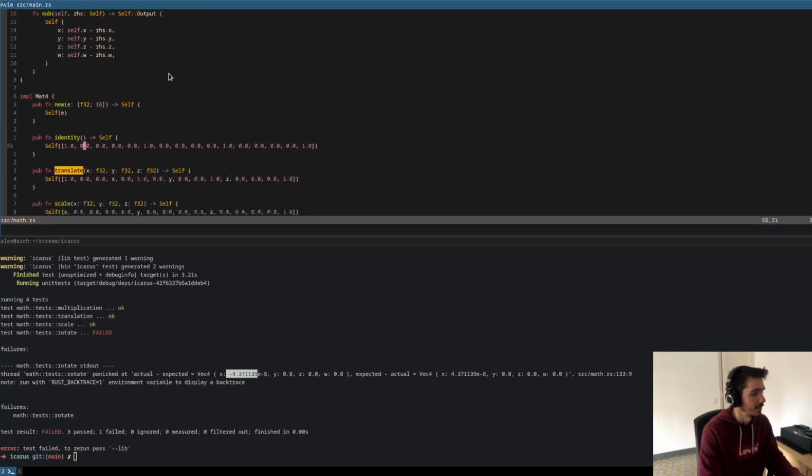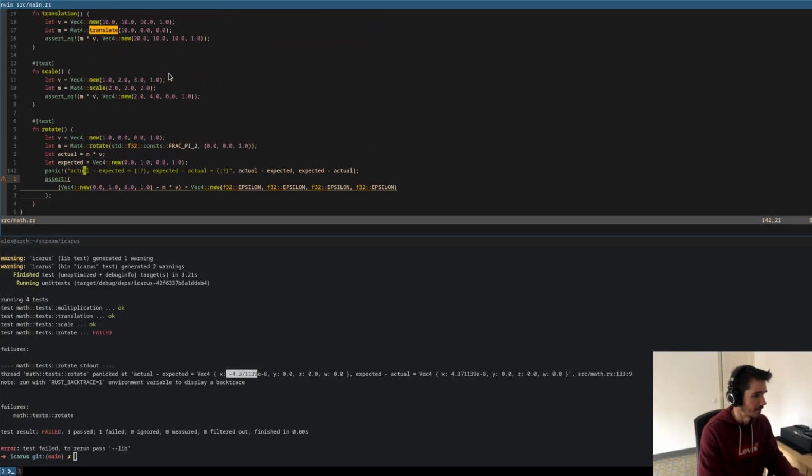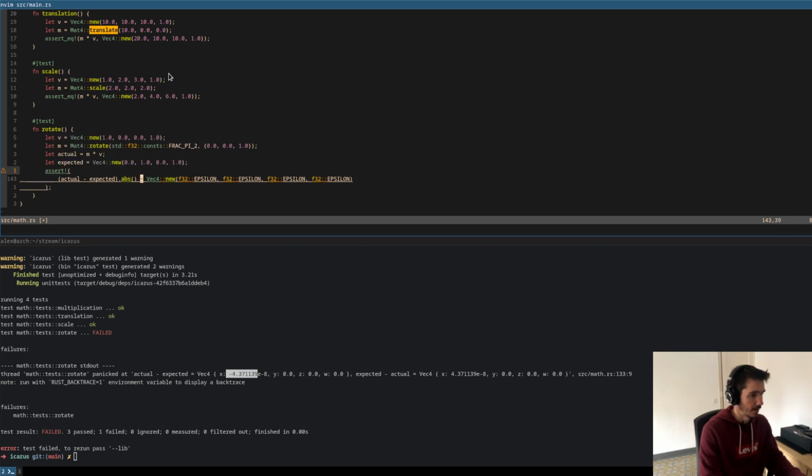Then we can call the abs like we were doing in the test before. Here we can replace all of these. Actual minus expected dot abs is less than epsilon. I don't like to have this.